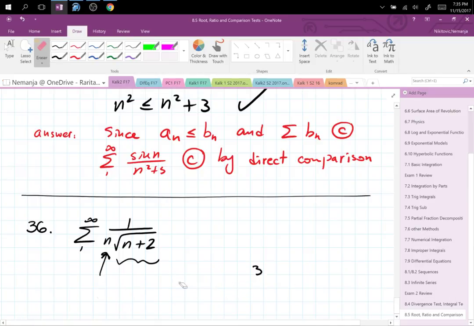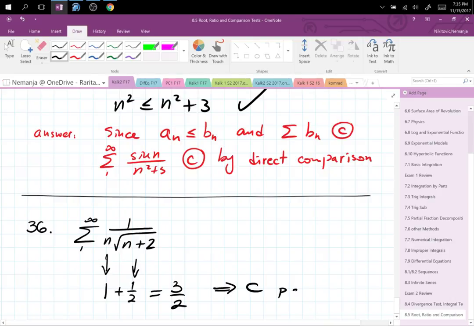So one more time. I look at the problem. I get 1 as exponent from here. I get half of the exponent from there. And I get 3/2 as the exponent. If I have 3/2 exponent, that spells convergence in a p-series world.